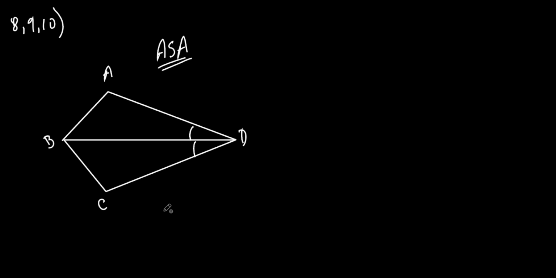Just looking at the picture itself, what else could I tell? BD, that's right. So I know for a fact that BD equals BD. But that's it. Now I got to state some additional information, some stuff that they didn't tell us, in order to make these triangles congruent because of angle, side, angle.